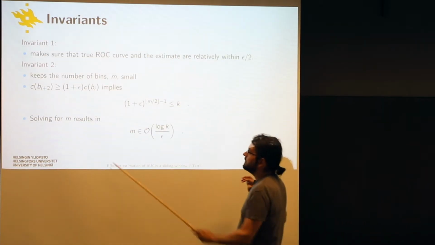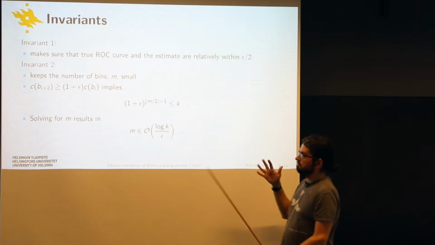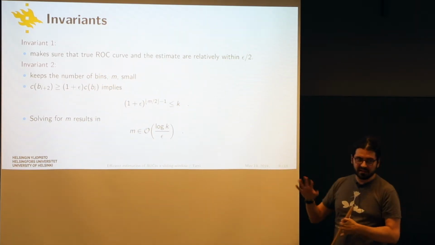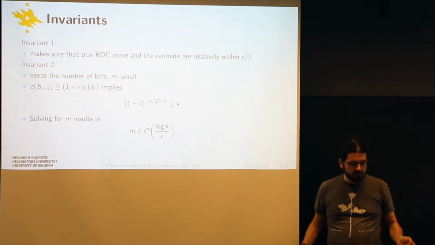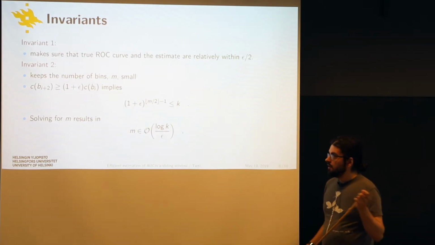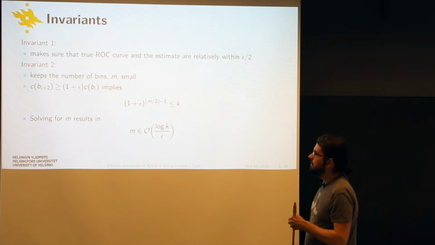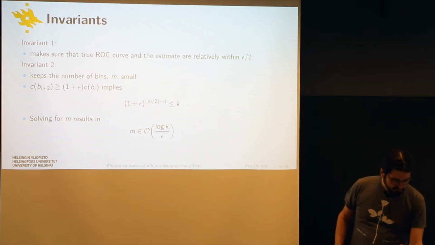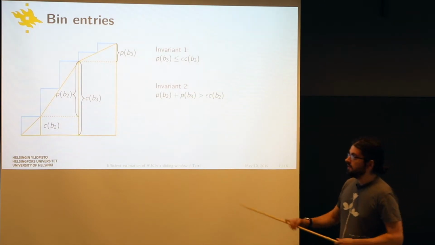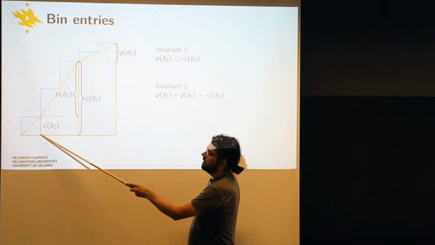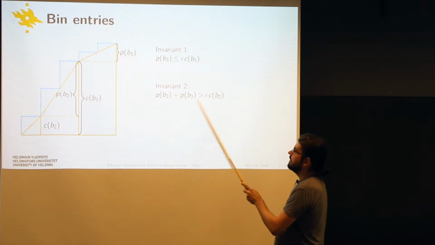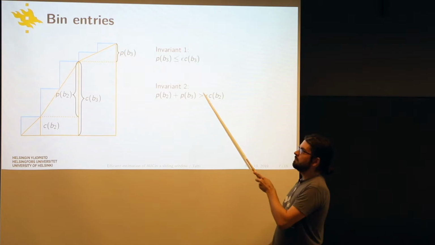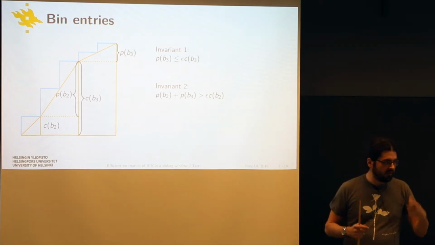So invariant 1 makes sure that this true AUC curve and the estimate are relatively close within the epsilon divided by 2, and then the invariant 2 will make sure that the number of bins that we have actually stays small. And why is this so? Well, if you look at the formula, now if you go every 2 bins, the height will be increased by 1 plus epsilon.